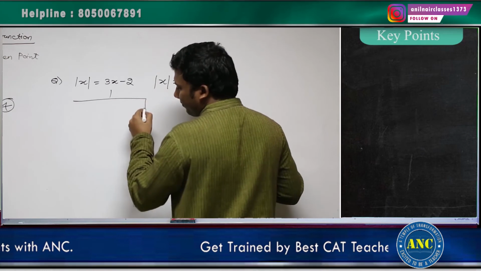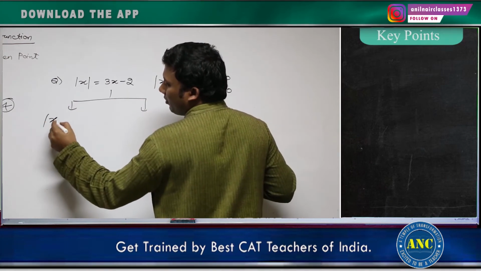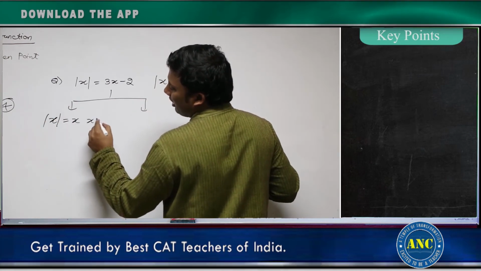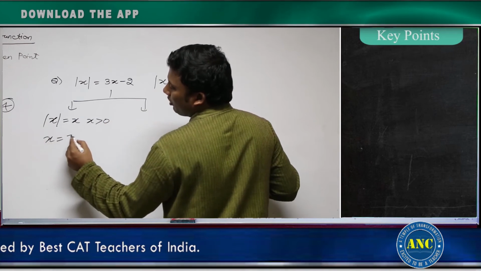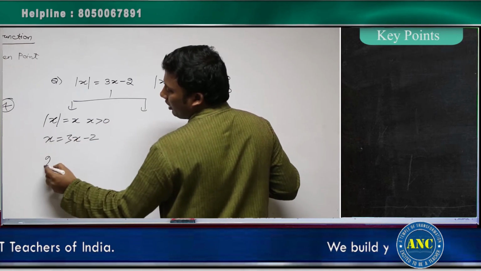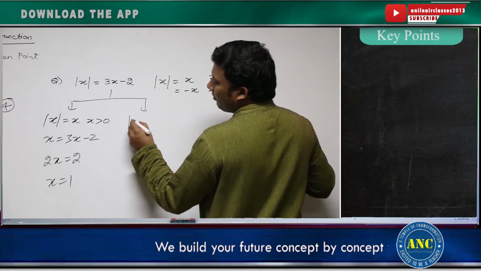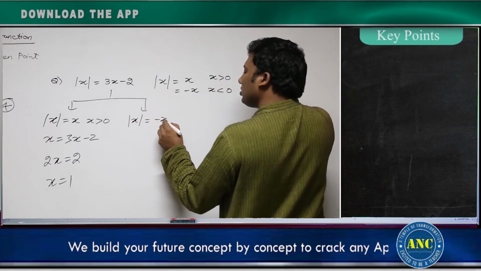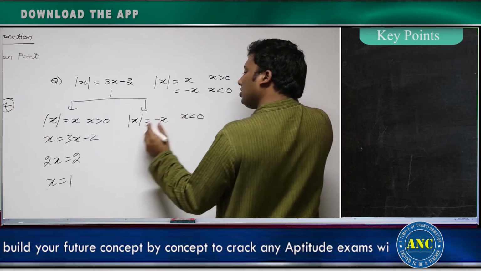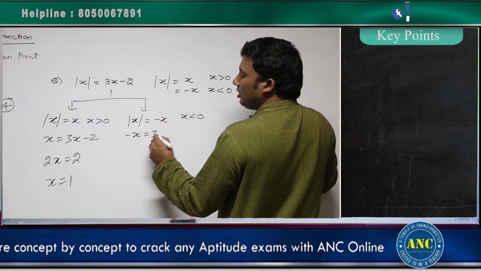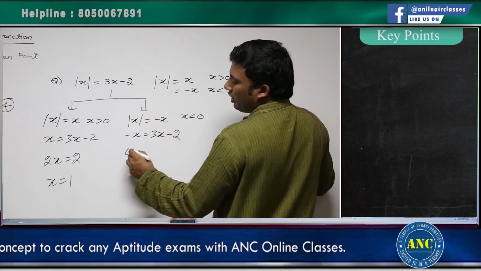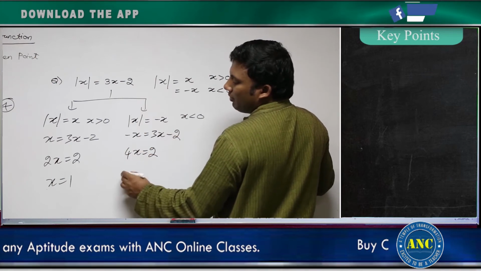That means if I take mod x equivalent to x, for x greater than 0, x equivalent to 3x minus 2, 2x equivalent to 2, x will be 1. If I take mod x equivalent to minus x, when x is less than 0, minus x is 3x minus 2, so 4x equivalent to 2, x will be 1 by 2.